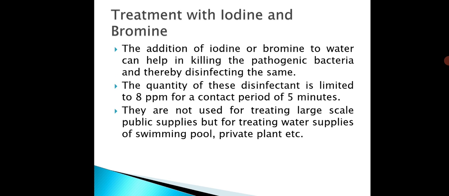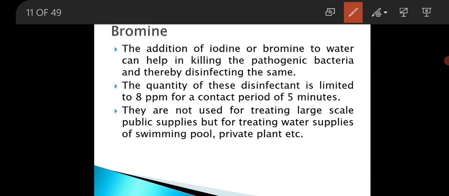Next, the treatment with iodine and bromine. The addition of iodine and bromine to water can help in killing the pathogenic bacteria, and the quantity of this disinfectant is limited to 8 ppm for a contact period of 5 minutes.